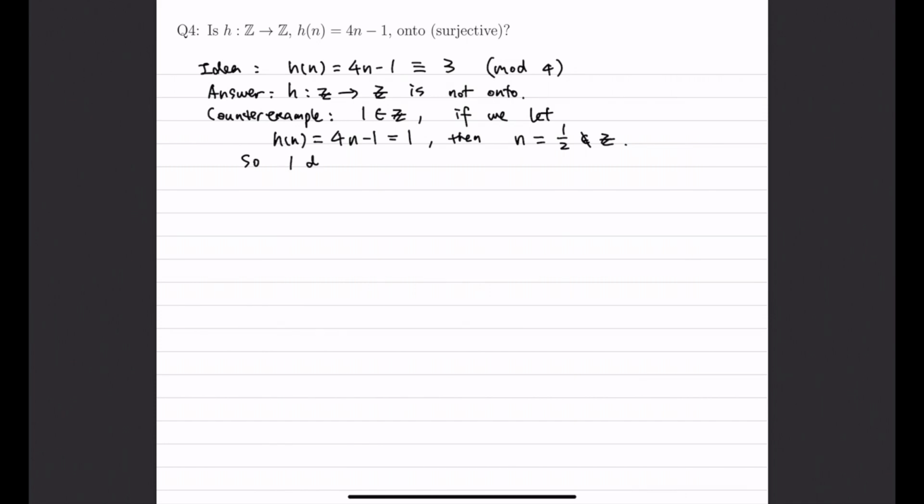So 1 does not have a pre-image. And as a result, the h function is not onto.